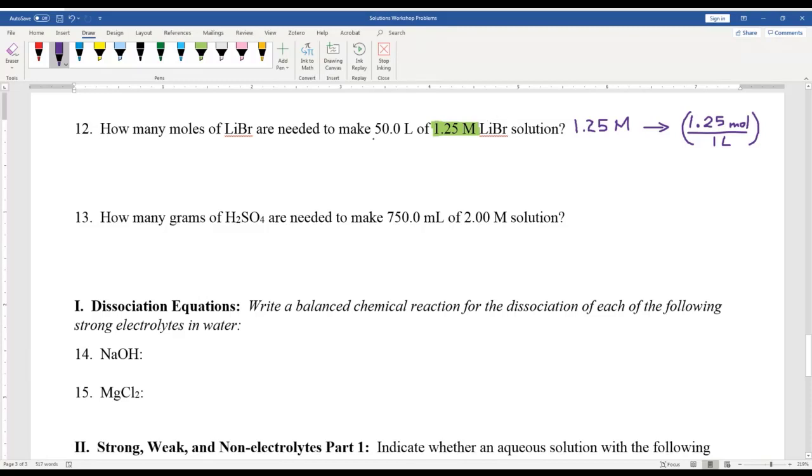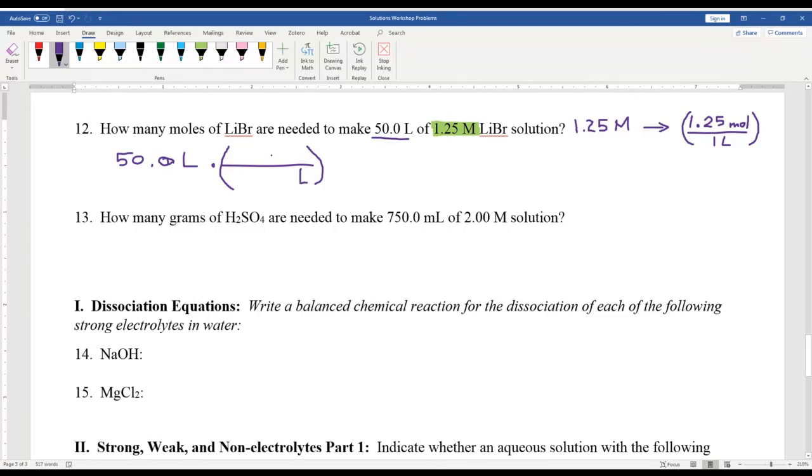In this case, the other number that I'm given is 50 liters. So I'm going to take my 50.0 liters, and I'm going to convert this. I'm going to set up a conversion factor. And what unit is going to go on the bottom? Liters.